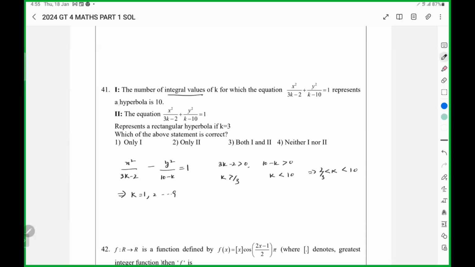So first option is wrong. And k is equal to 3, it becomes 9 minus 2. When a square and b square are equal, it represents a rectangular hyperbola. So only the second statement is correct.